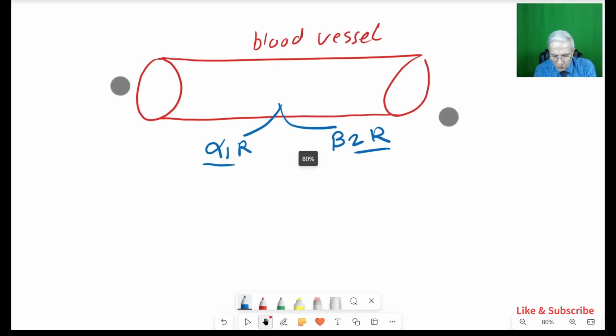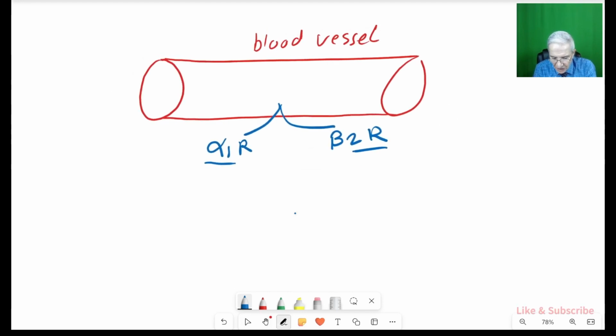What they found later on is that normally beta 2 receptor predominates in the blood vessel, and if you activate beta 2 receptor, the result will be relaxation. Here we talk about blood vessels, so we can talk about vasodilation. Vaso stands for vessels.